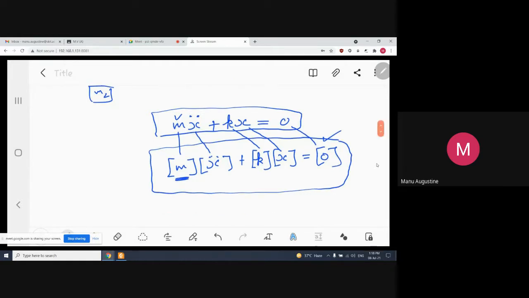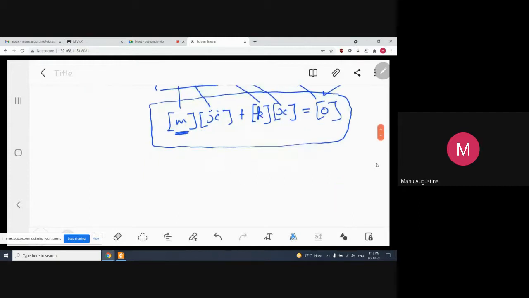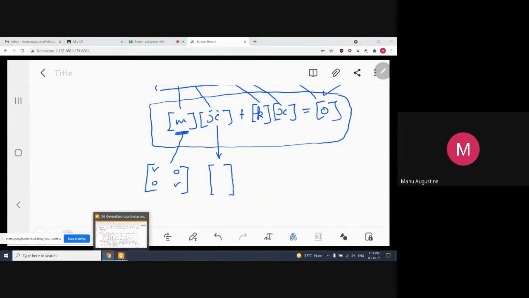So now all you have to remember to construct the matrix equation is that the M matrix will always be a diagonal matrix having only diagonal entries. The rest of the elements will be zero. The acceleration matrix will simply be a column vector containing the acceleration variables of your problem. Now, what are the acceleration variables of your problem? It's y double dot and theta double dot.